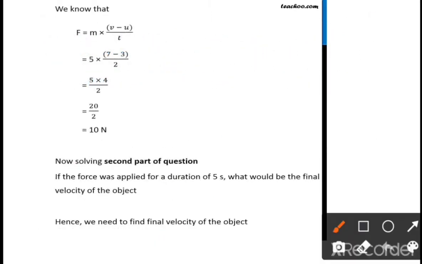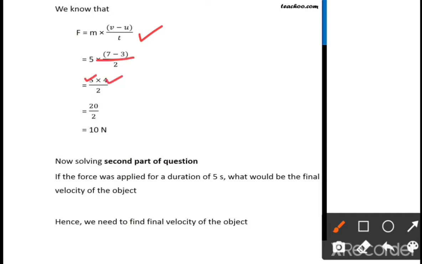In Newton's second law of motion, we know that F equal to m (v minus u) by t. The value of m is 5. The value of v is 7. The value of u is 3. The value of t is 2. 7 minus 3 we get 4.